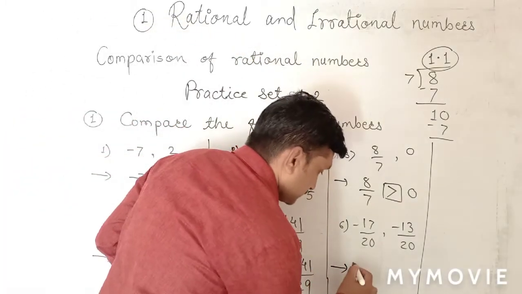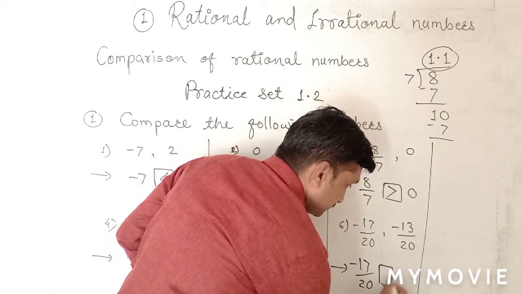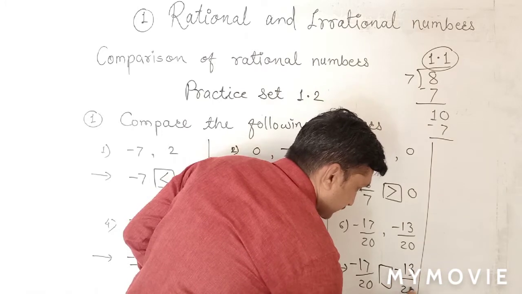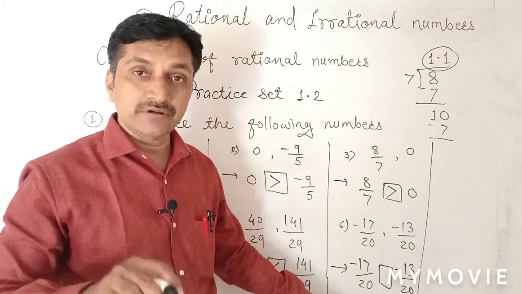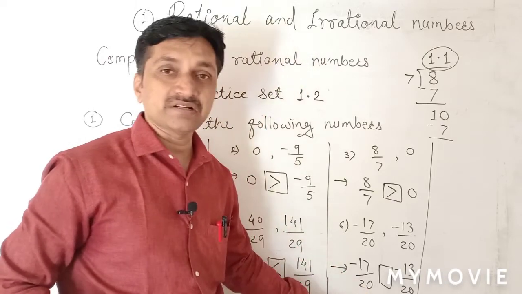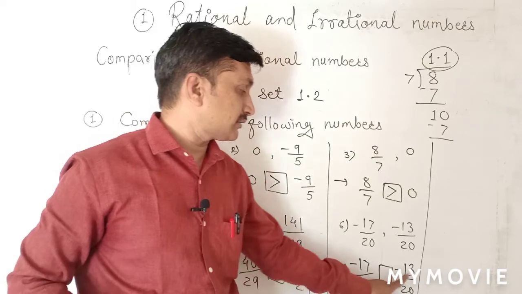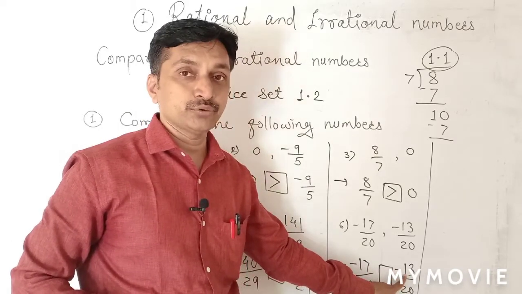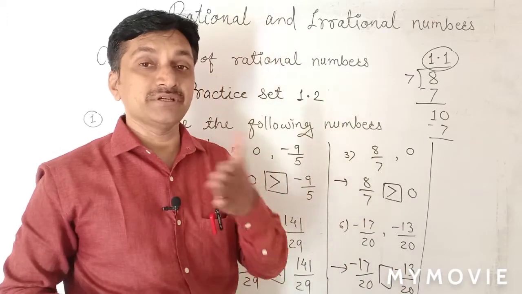Sixth, same rule, minus 17 upon 20 and here minus 13 upon 20. Both are negative numbers. Both denominators are same. That's why compare the numerators directly, minus 17 and minus 13. Both are negative, and we know that when both are negative, the number that is smaller in value is bigger.